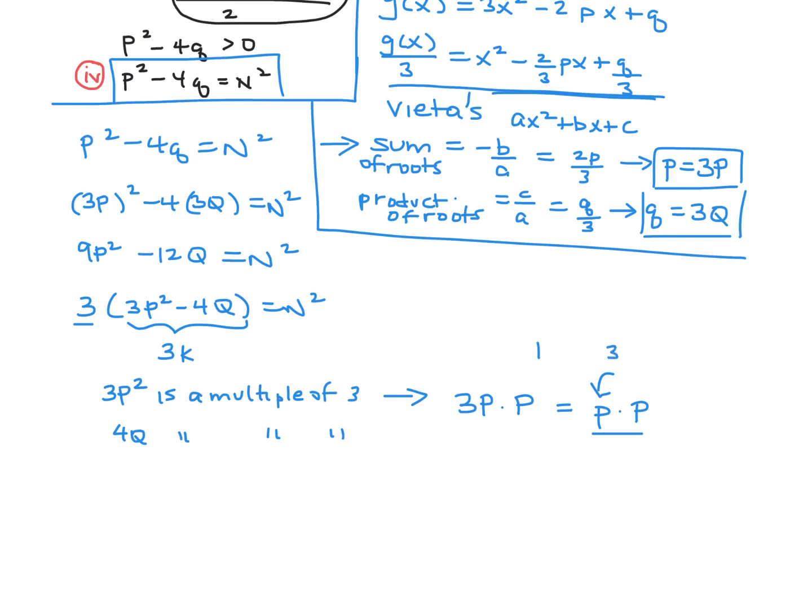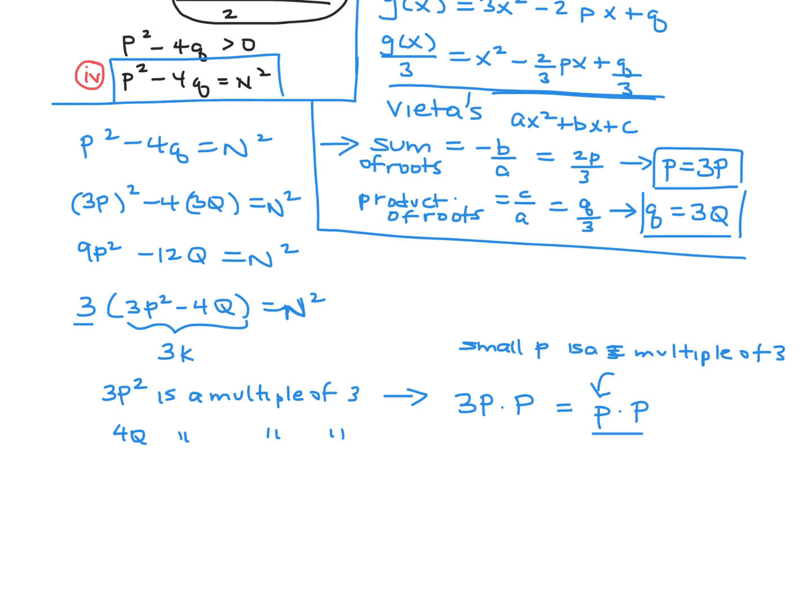So small p is a multiple of 3. I hope that makes sense. So you got 3k. That's the only way that this can be a perfect square, if that in the bracket is a 3k. And then that means that 3P and 4Q both have to be multiples of 3 in order for that to work out when you do the subtraction.